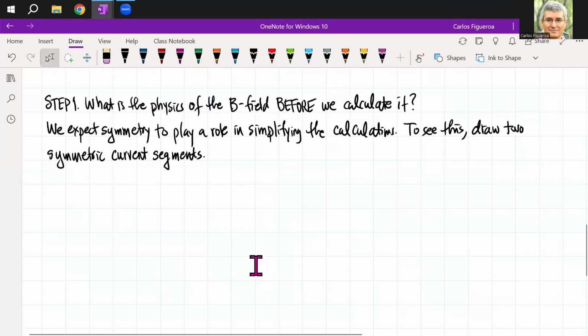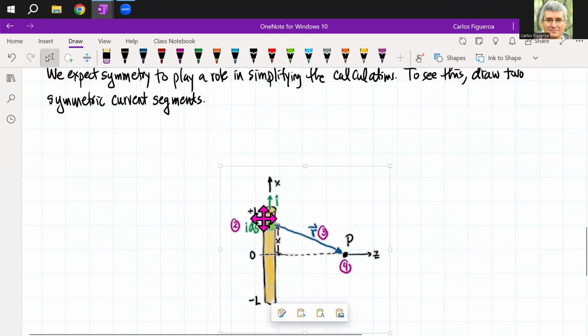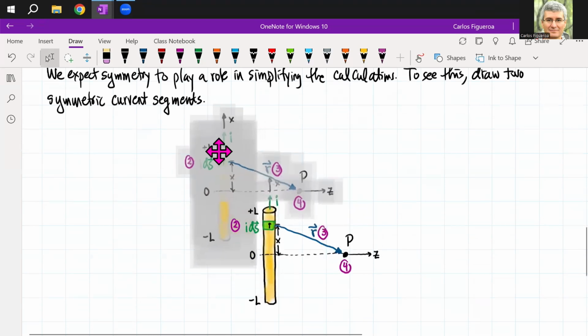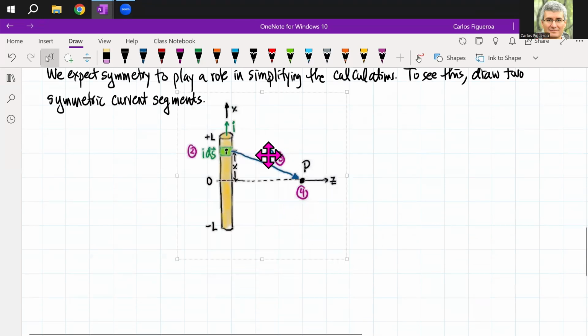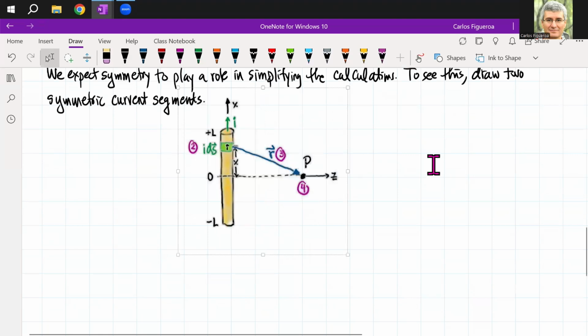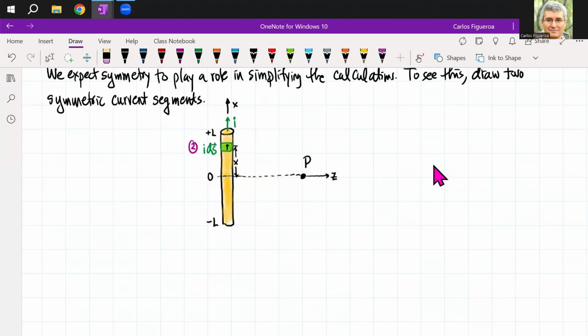So I just took a copy of this. Let me come in here, and then I'm going to modify this. I'm going to put this guy right here, and take away some of these things here.